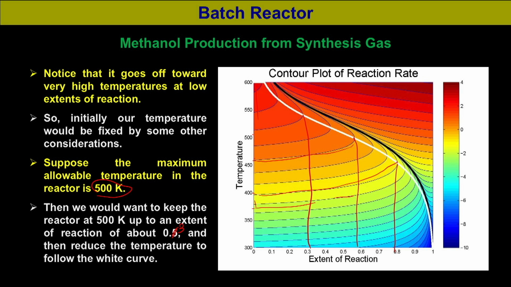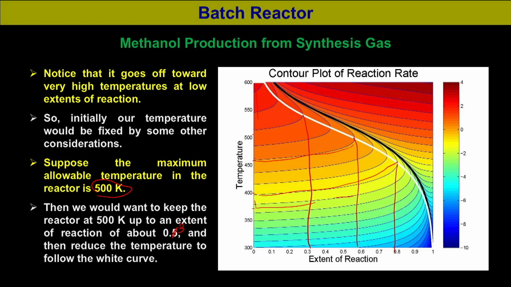So, what is our target? Initially our temperature would be fixed by some other considerations, and that would be the maximum temperature we need to fix. Suppose the maximum allowable temperature for this reaction is 500 Kelvin.